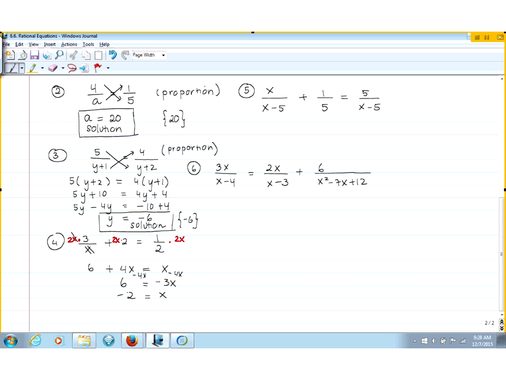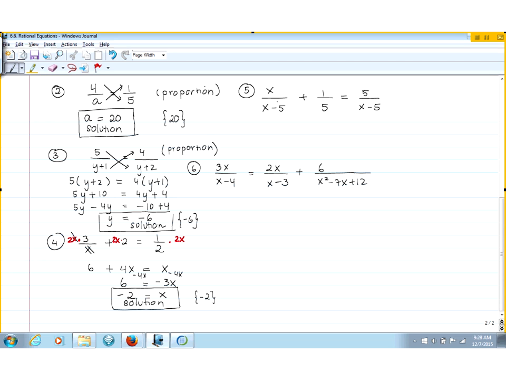How do you check? We substitute into the x on the bottom. We just need to make sure it's not 0. If I substitute negative 2 here, will it make it 0? No. So yes, this is a solution. So the solution is negative 2. So far so good? Now let's continue. Here we cannot cross multiply, simply because it's not a proportion.